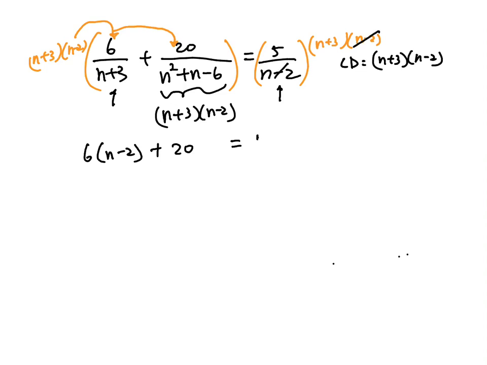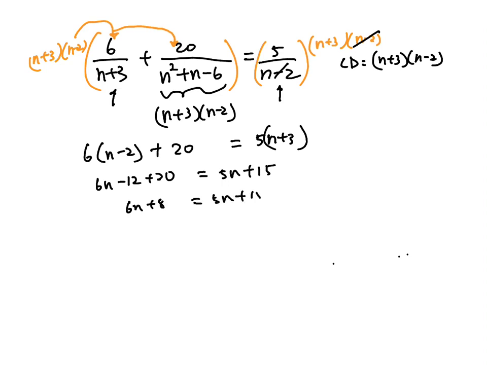So we're left with 5 times n plus 3 in parentheses. And here we go. Let's go ahead and clean this up. 6n minus 12 plus 20 is 5n plus 15. 6n plus 8 is 5n plus 15.